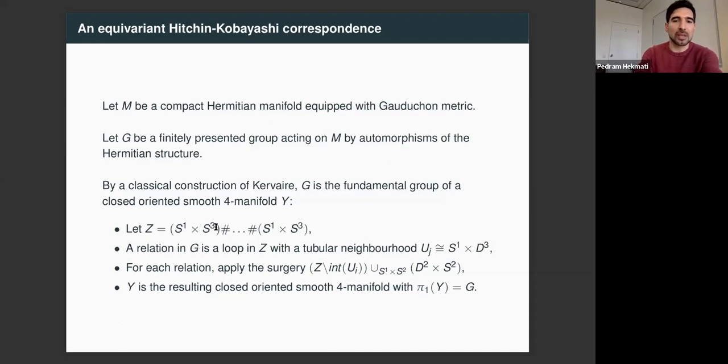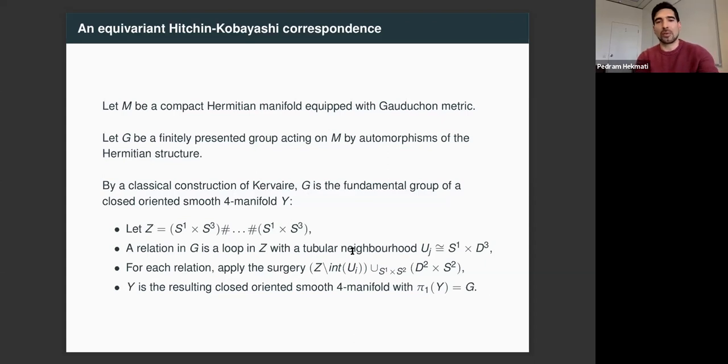The idea is due, I believe, to Kervaire: you take a connected sum of S1 times S3, and each circle factor corresponds to a generator in your fundamental group, and every relation corresponds to a loop inside your manifold Z.